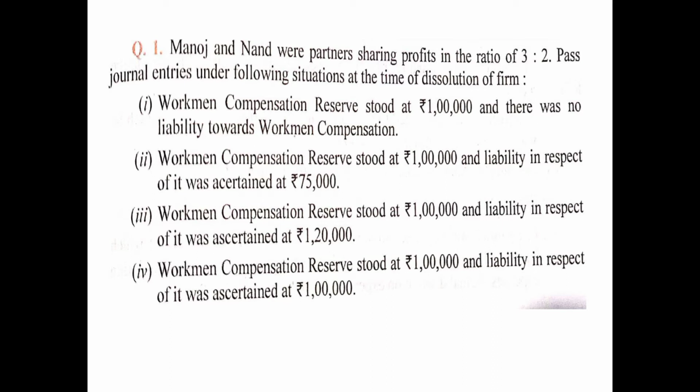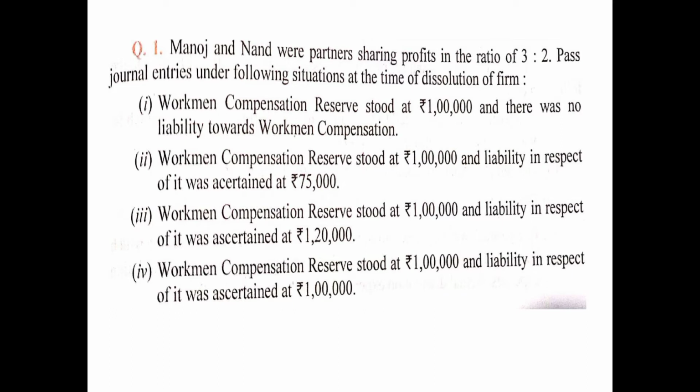So in this case, the entire amount of 1 lakh rupees will be distributed among Manoj and Nand in the ratio of 3:2, and the entry for this will be workmen compensation reserve account debited 1 lakh to Manoj's capital account, to Nand's capital account in the ratio of 3:2.